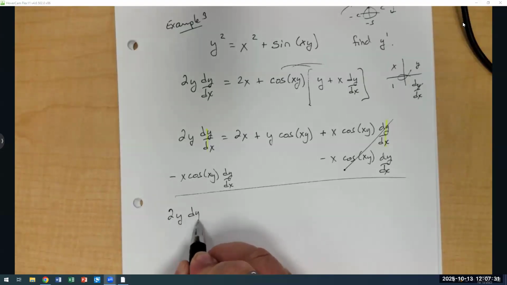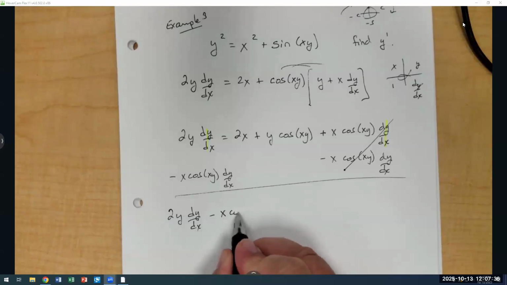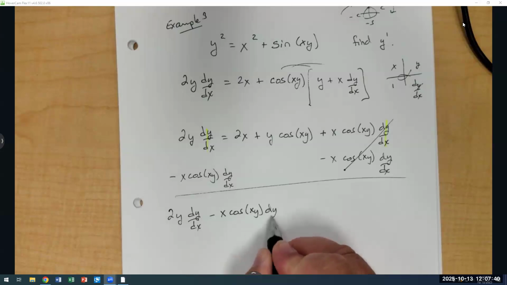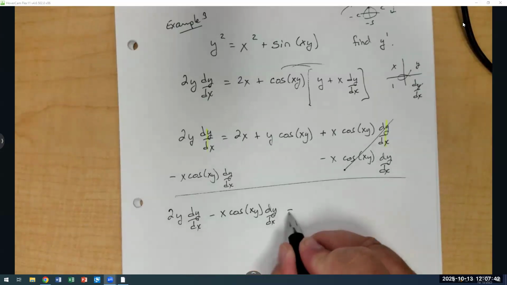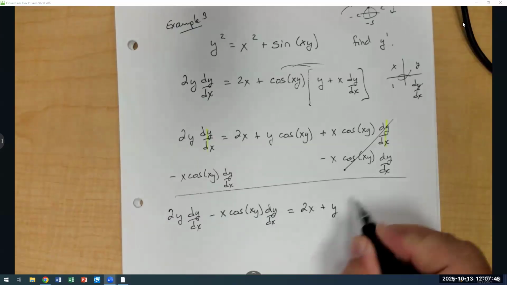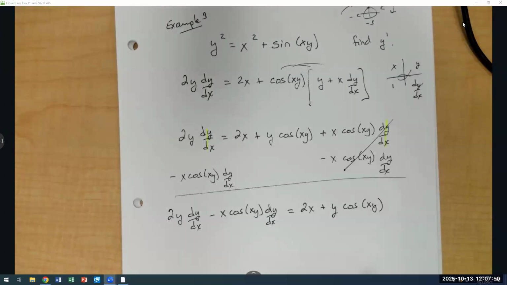Two y dy/dx minus x cosine xy dy/dx is equal to 2x plus y cosine xy.